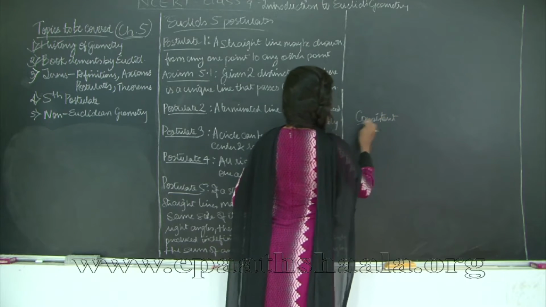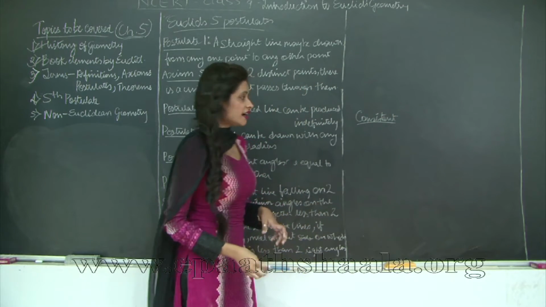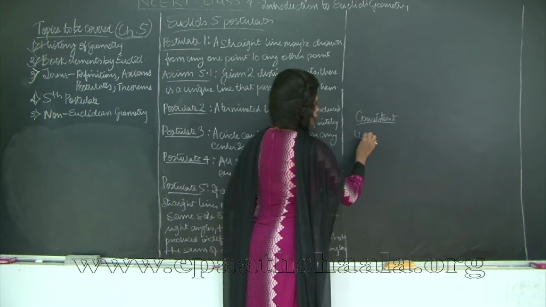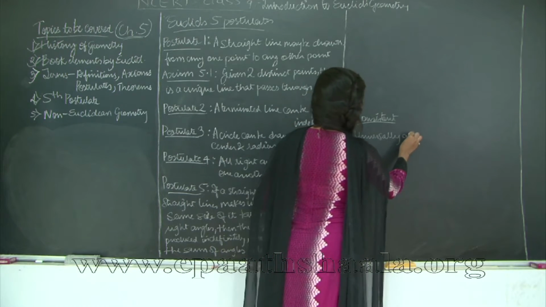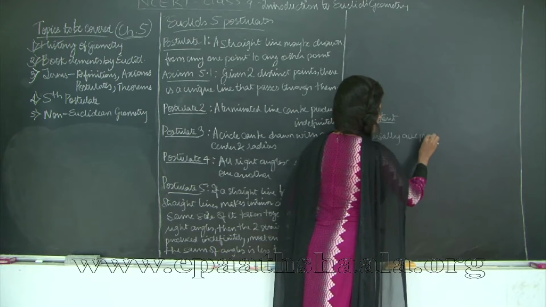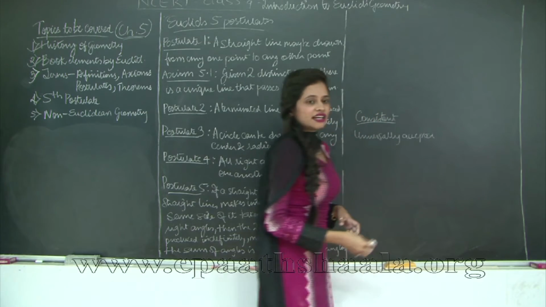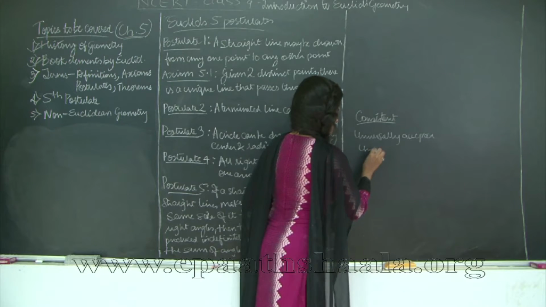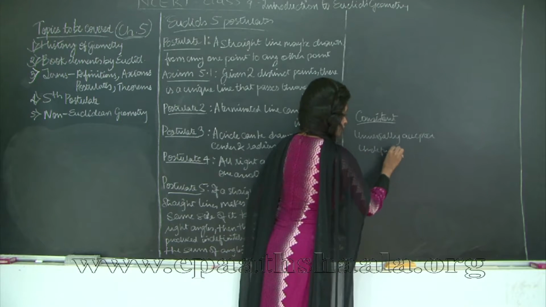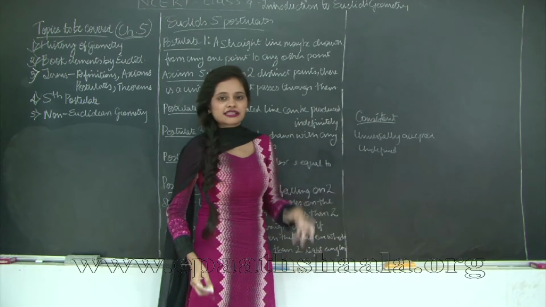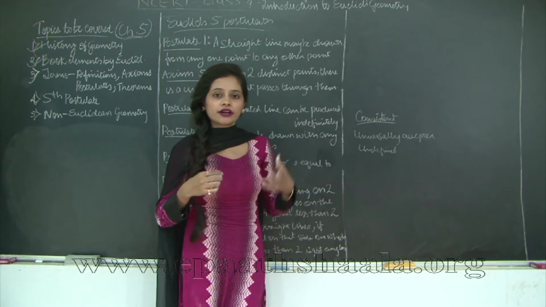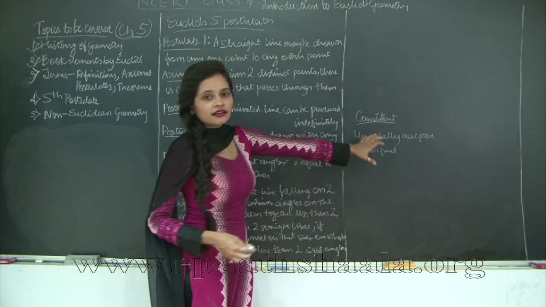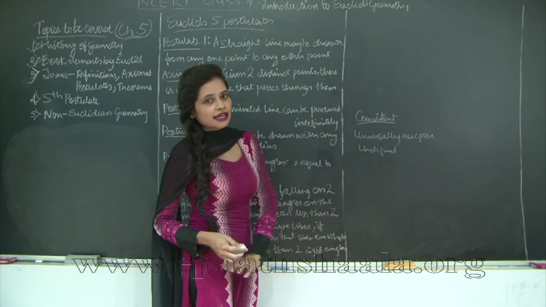Because axioms are statements that are universally accepted and left undefined. So if from the system of axioms you are not able to come up with a statement that contradicts any of the axioms, then the system of axioms is said to be consistent.